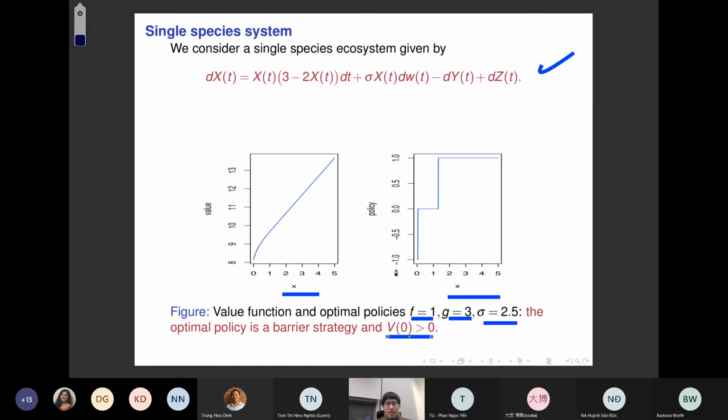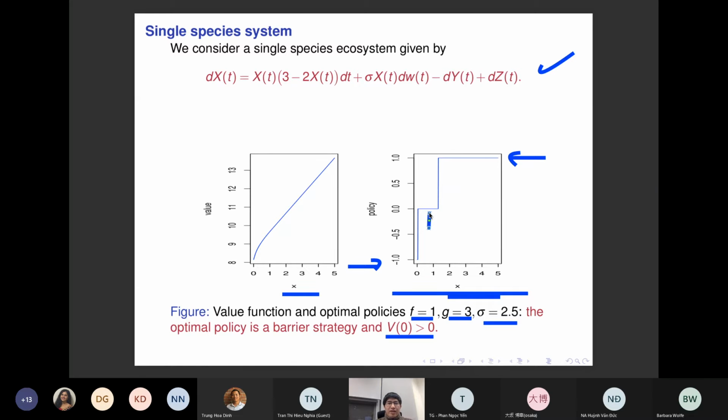Now for the optimal control, if X is small, we seed. If X is very large, then we will harvest. So 1 means we harvest, and -1 means we seed. And if X is in the middle, then we don't do anything. We just wait.